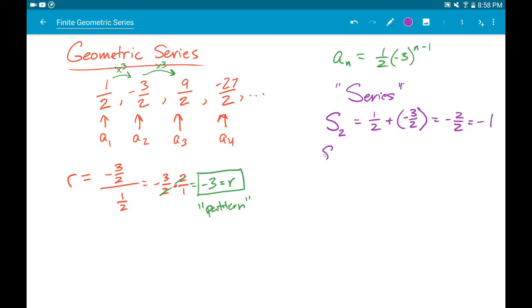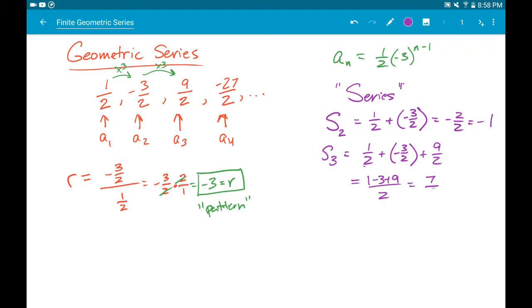If you wanted S3, you would add 1/2 plus -3/2 plus 9/2. And again, I already have a common denominator, so I have 1 minus 3 plus 9.